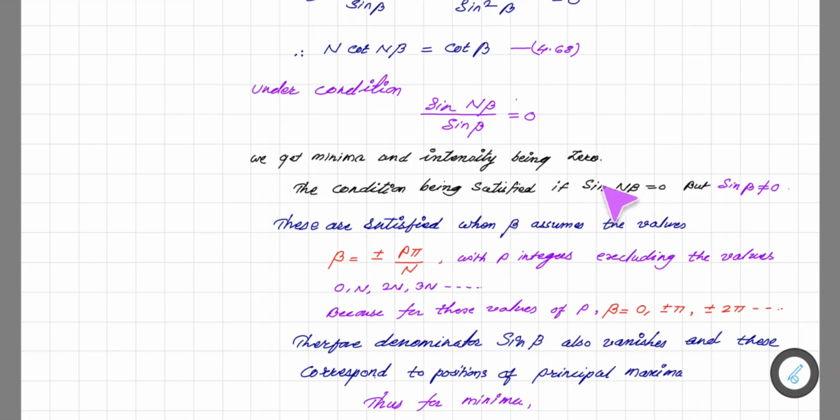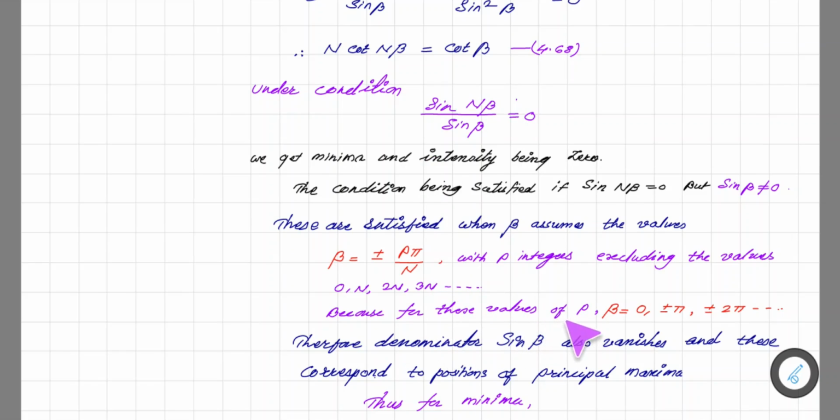Beta cannot have any value, because we know that sine of beta equal to 0 is the condition for principal maxima. So here beta is equal to plus minus p pi upon n with p integers excluding the values 0, n, 2n, 3n. So for getting minima we should exclude these values, and for the remaining values the condition is satisfied and we get minima.